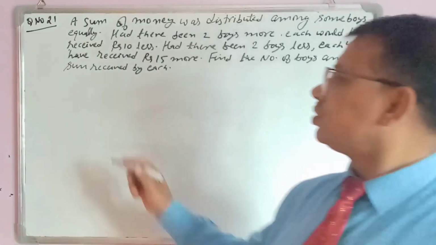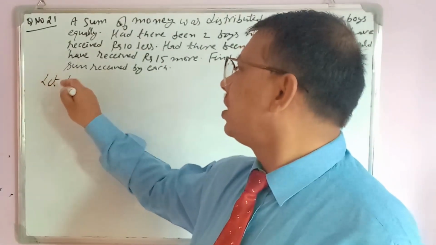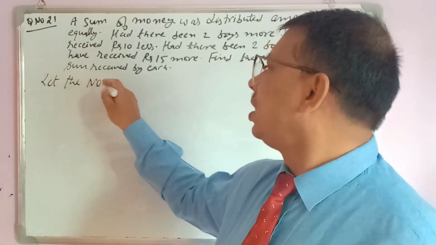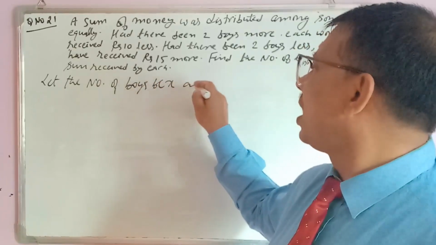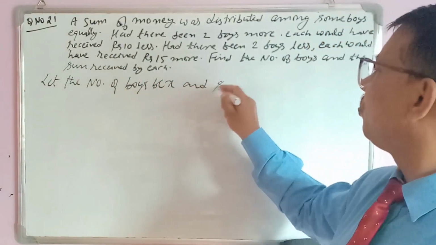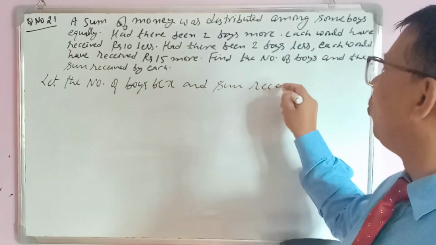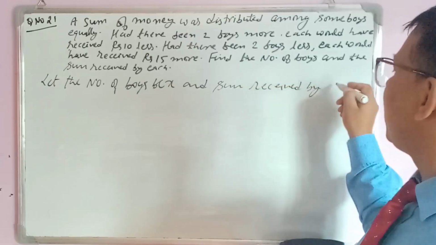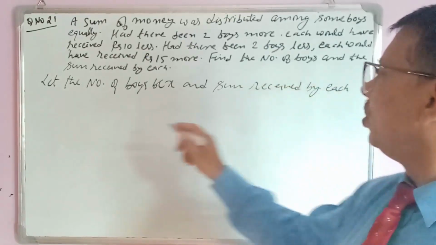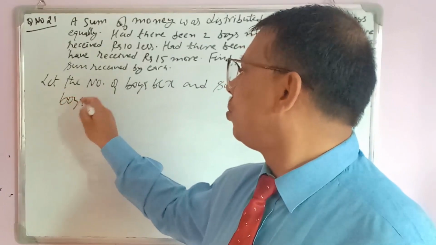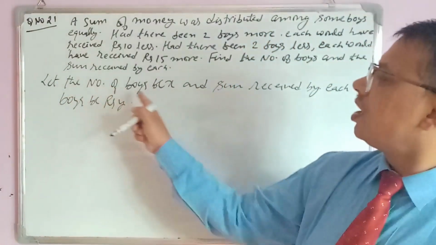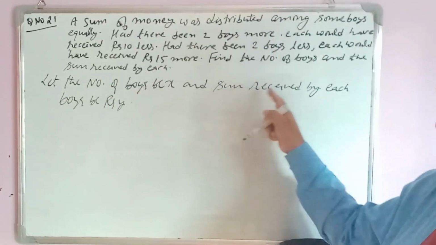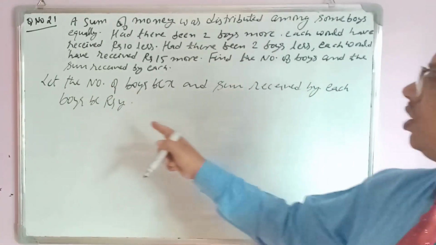So let the number of boys be x and the sum received by each boy be rupees y.